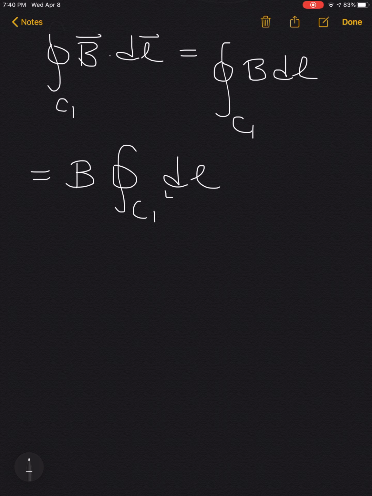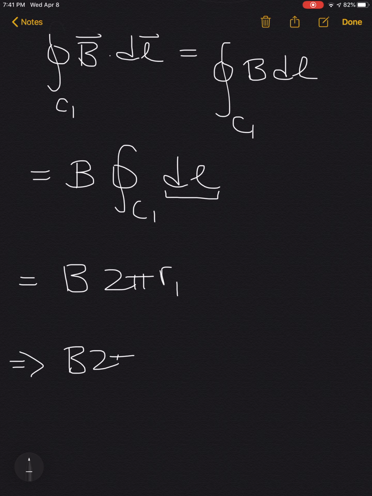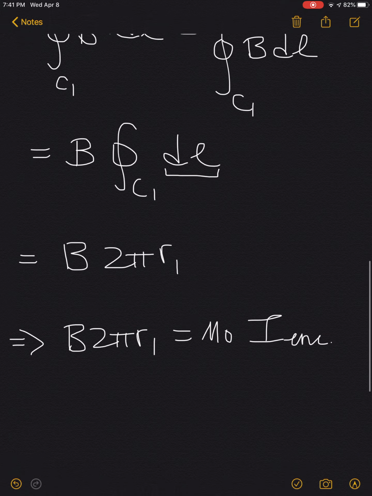So what is the length along a circle? Well, that's just B times 2 pi r1, the circumference. So now let's rewrite Ampere's law. This is B times 2 pi r1 is equal to mu naught times the I enclosed. What does that mean?